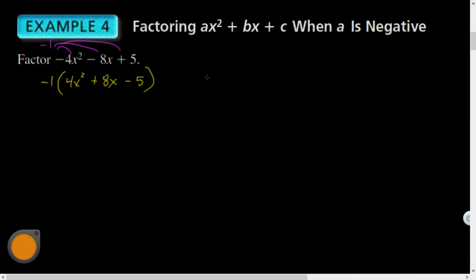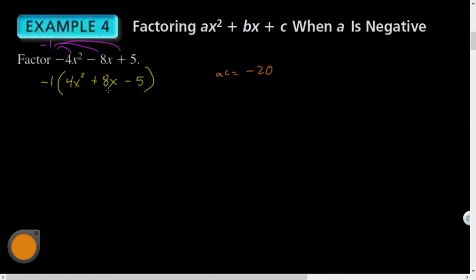And in that case, I could find the factors of AC. And 4 times negative 5 is what now? 4 times negative 20. Agreed. And hey, AC is negative. So I'm going to find the factors of 20 that subtract to be which of these numbers? 8.